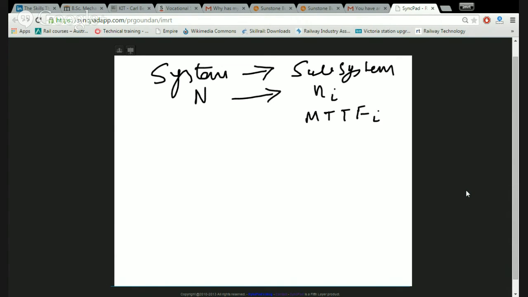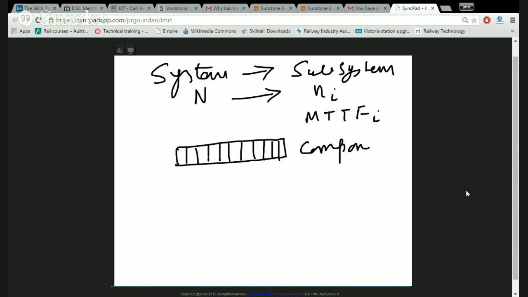Now, similarly, the subsystem itself will have components. Subsystem is a small part, so it will have its own components.